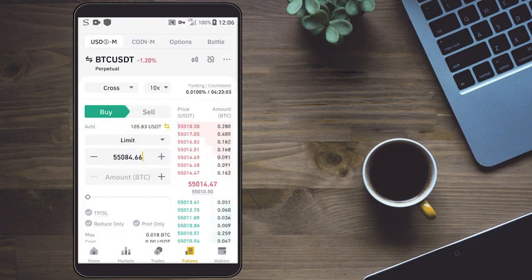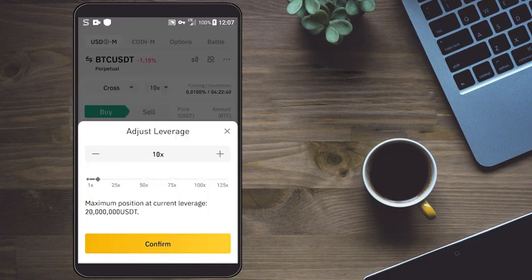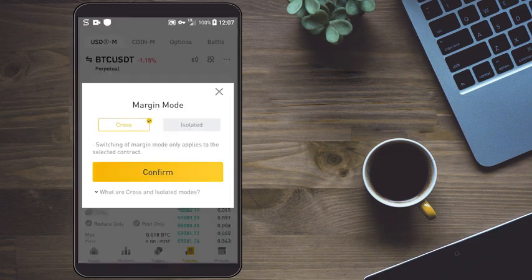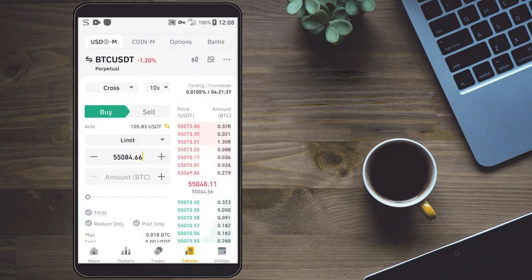Here in the futures trading platform, your account is a margin account and you can do margin trading and have a greater amount of capital by borrowing money from the broker, and it's called leverage. You can adjust your leverage here, and here you can switch between cross margin or isolated margin. I explained all of these in my Binance Futures video, so I recommend you watch it if you're not familiar with these concepts.